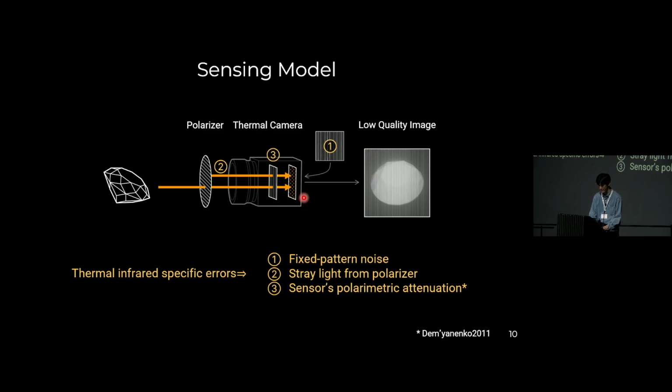You can see it as this stripe-like pattern here. The second is the light from the polarizer. The polarizer's own emission and reflection are also significant sources of error. And the third is the attenuation at the sensor's surface. Curiously, the microstructure on the sensor's surface attenuates specific polarization components.